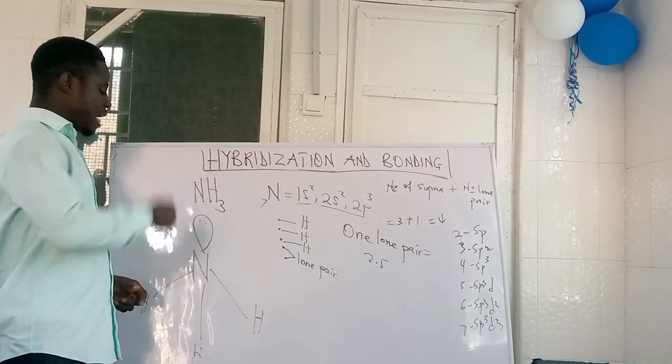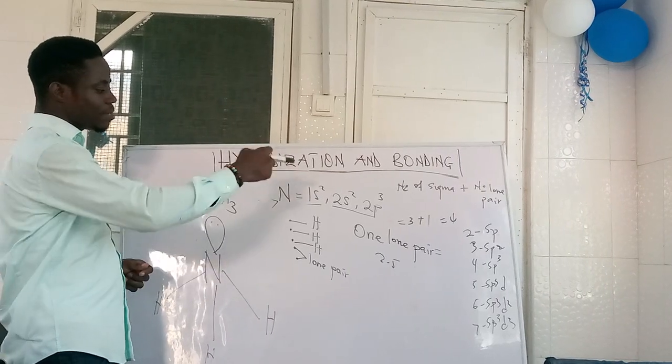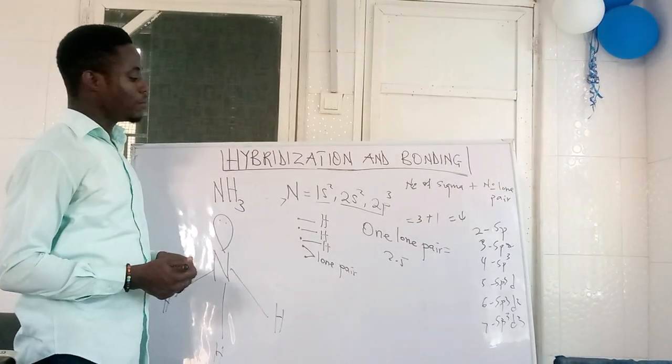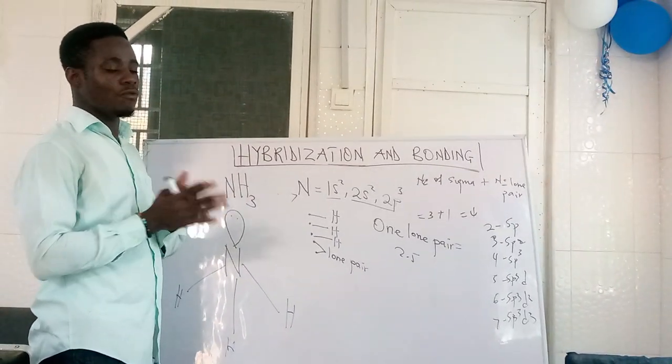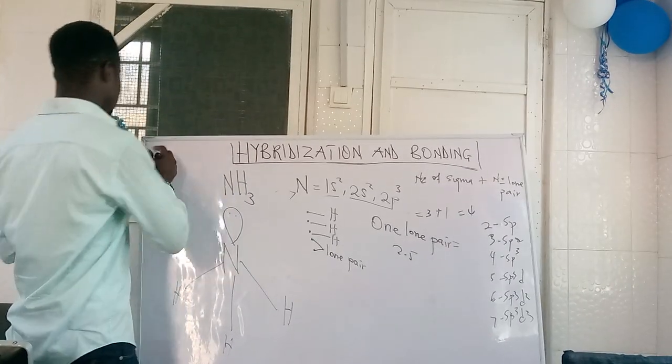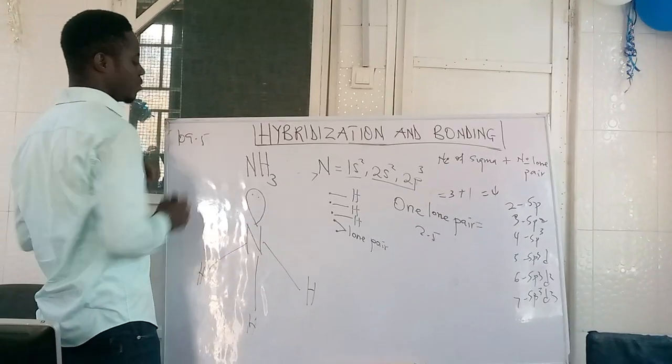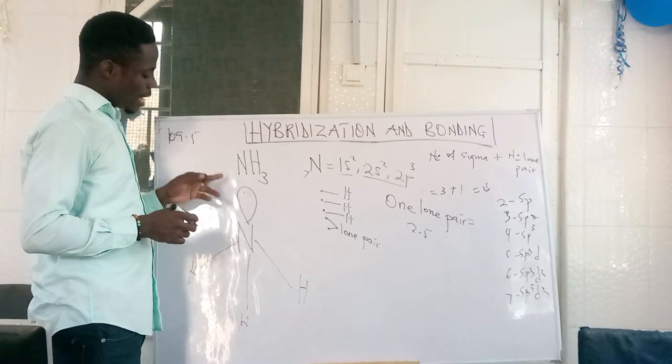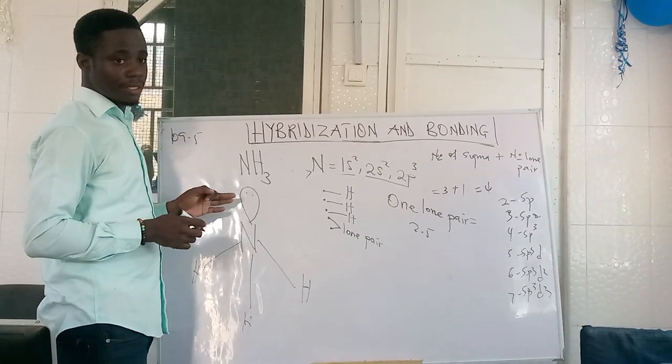So, in normal circumstances, sp3 hybridization molecules are supposed to have a bond angle of 109.5. But this ammonia has a different bond angle.